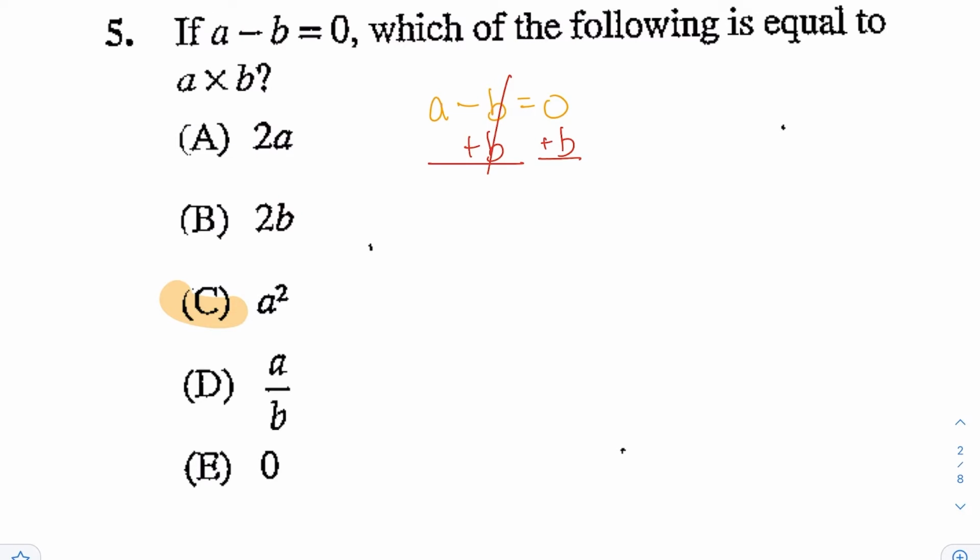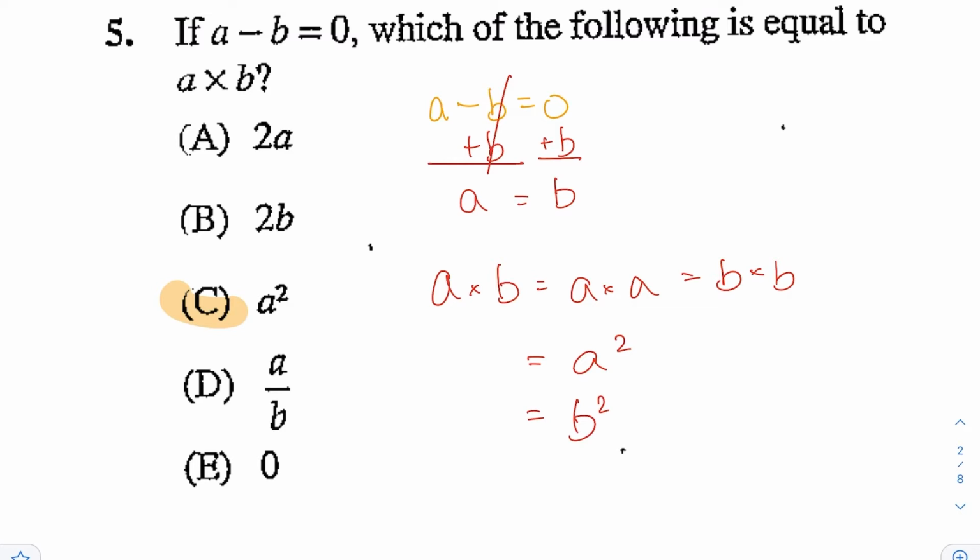And that allows you to cancel out the negative B on the left, which will give you A is equal to B. So if A is equal to B, then A times B would really just be equal to A times A, because you can replace B with A, or you can also do B times B. So either way, you will get A squared or B squared. They're all the same thing. Now, we do see choice C as A squared here, so that would be the answer.